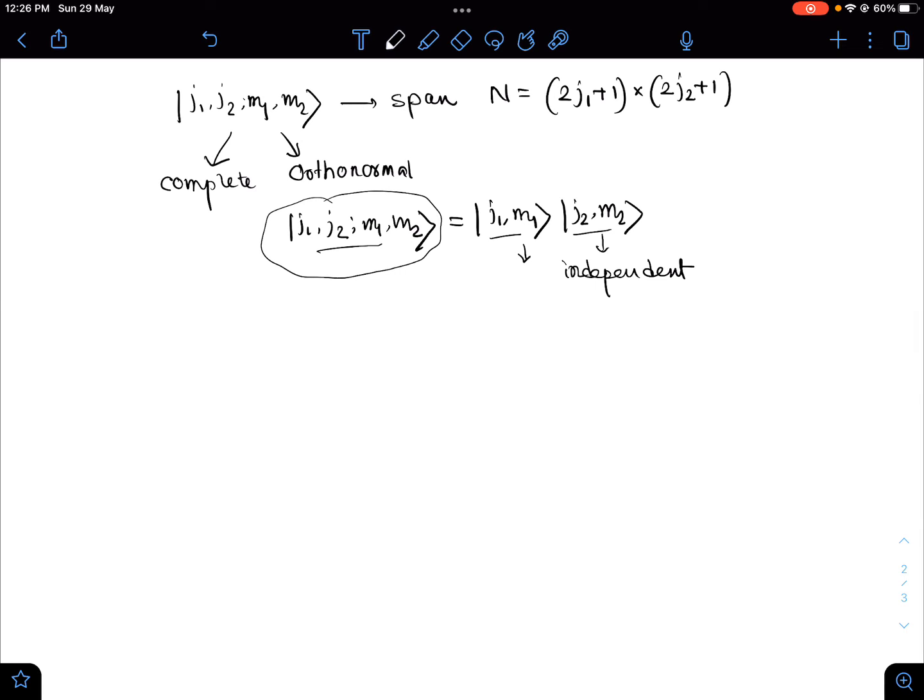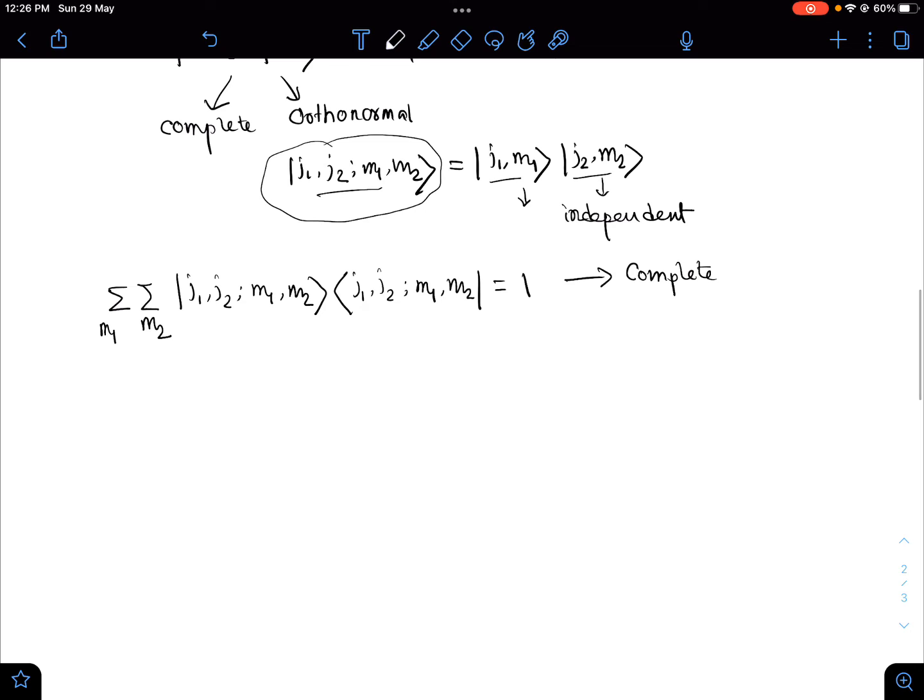Completeness means we sum over M1 and M2 values of |J1, J2, M1, M2> multiplied with <J1, J2, M1, M2>, and this has to be 1. So this is our completeness relation.